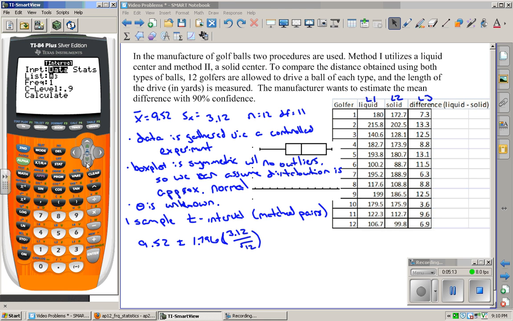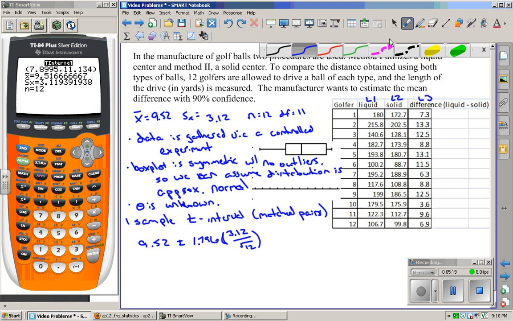My data is in list 3. I want a confidence level of 90%. Hit enter. Let it think for a minute, and there is my interval: 7.899 to 11.134.